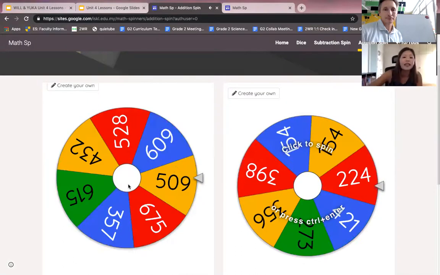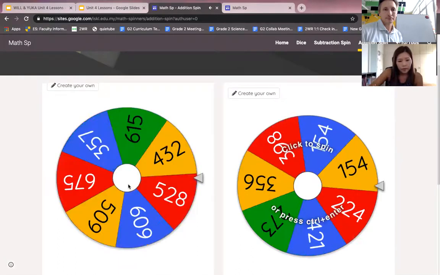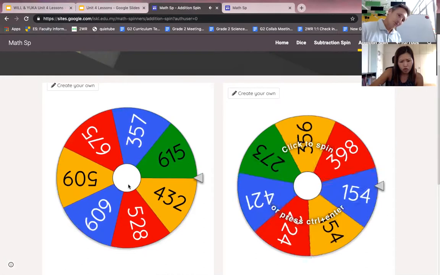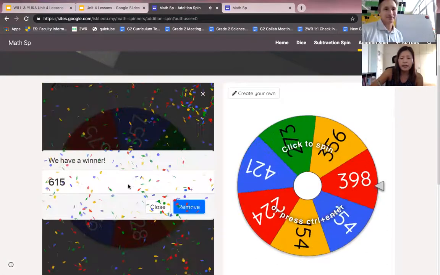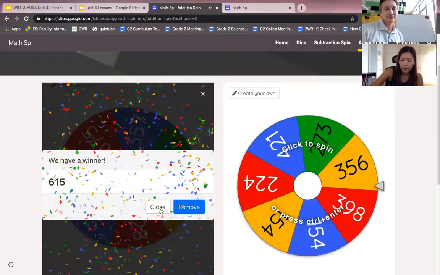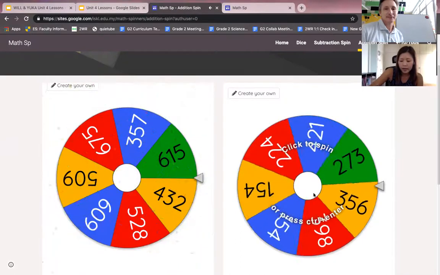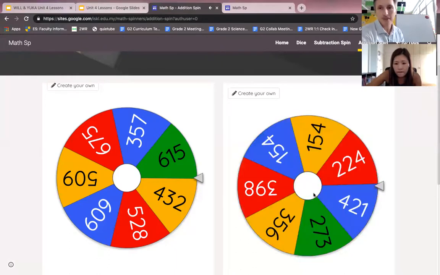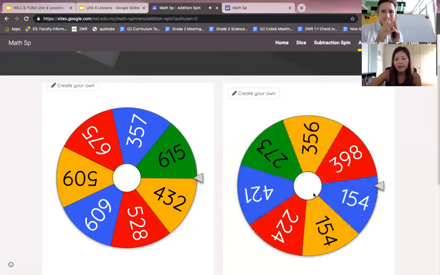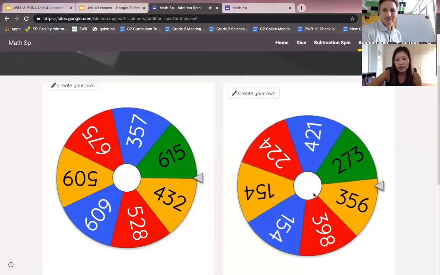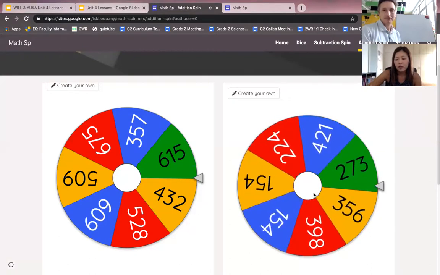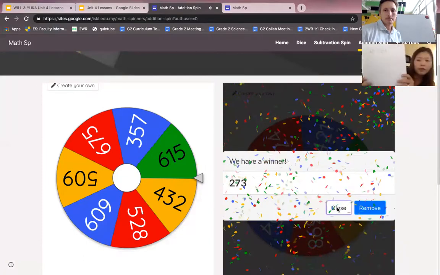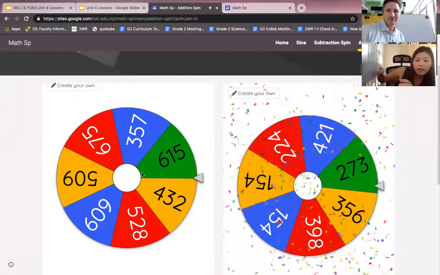Okay, I'm ready, Mr. Regan. Ooh, 615, got it. Since it's addition spin, I'm going to add. 273. I wrote the problem and I'm going to leave it.